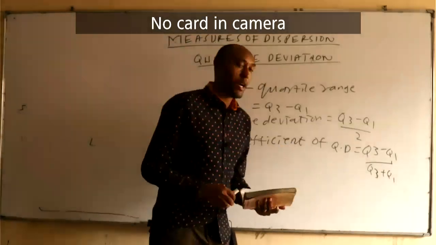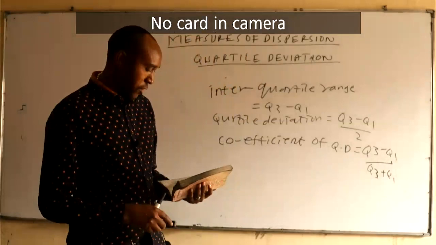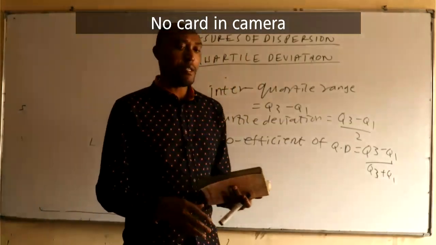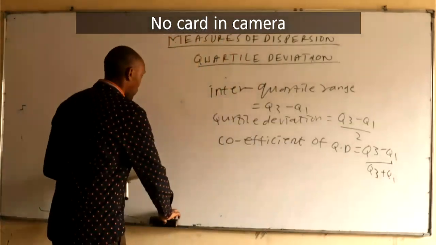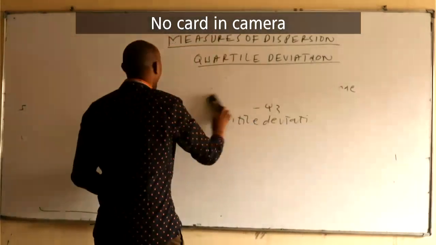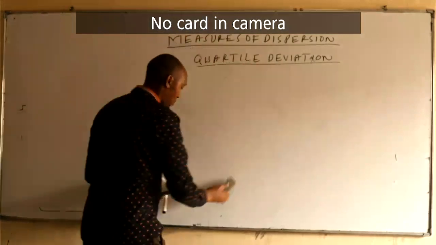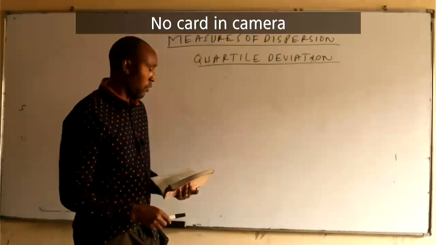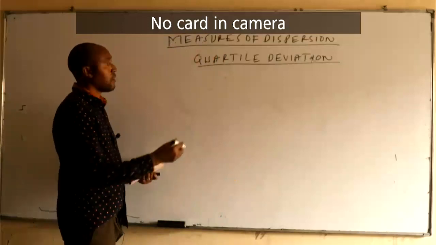But if you get a high value, it means the variation among the central items is very high, or large. So it depends on the answer we get. Now we are going to do the calculation, and we have given the formulas.